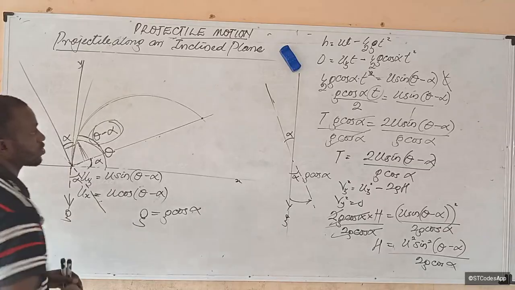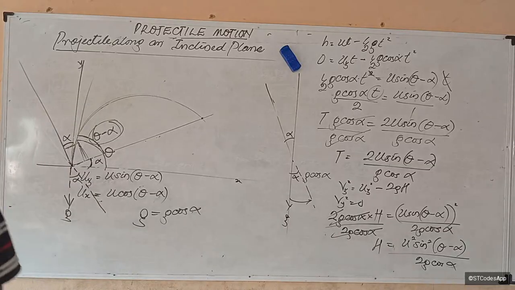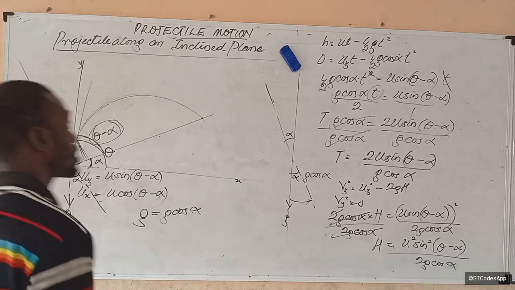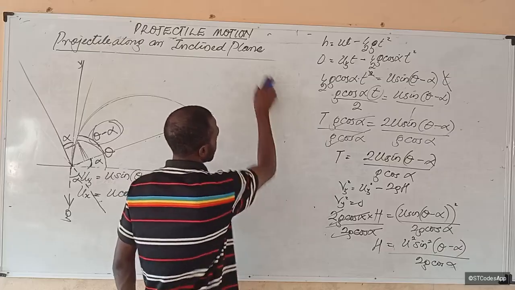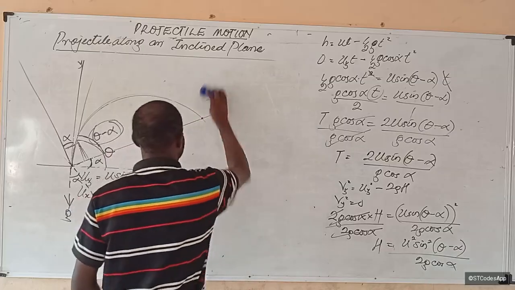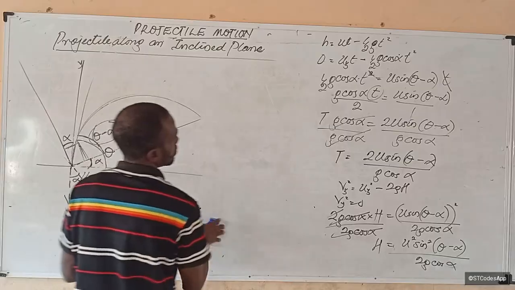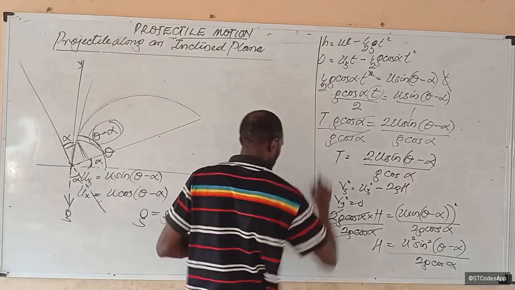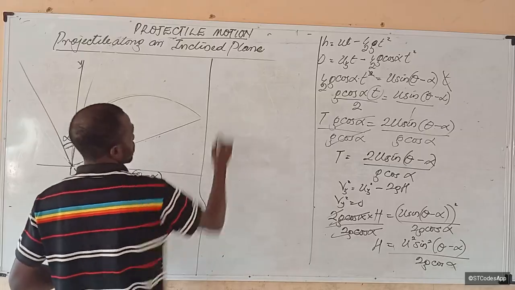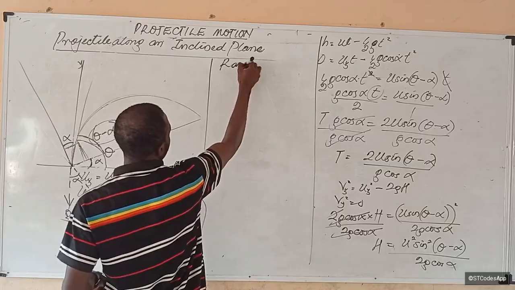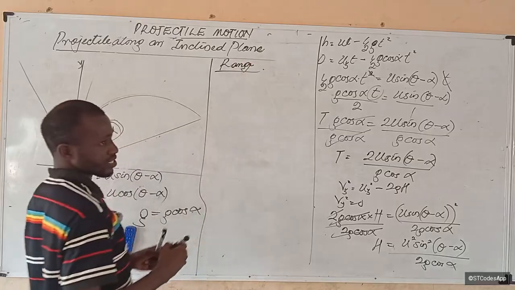Now let's try to get an expression for range. I'll clean this. This place should be enough. So what would the range be now? Now there are two ranges.